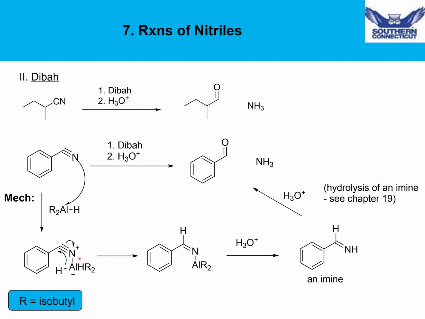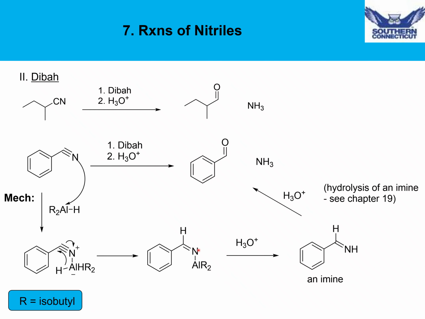And this intermediate now has an aluminum that, because of the 4 groups that it has bound to it, the hydrogen on the aluminum is now considered a hydride. So this hydrogen or hydride will add to the carbon of the nitrile, lead to breaking one of the pi bonds in the nitrile, and lead us to this intermediate, which is essentially an imine anion.